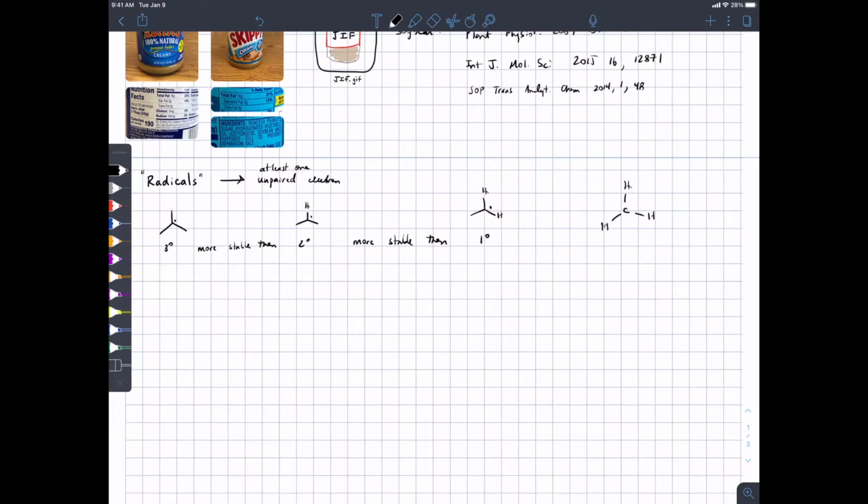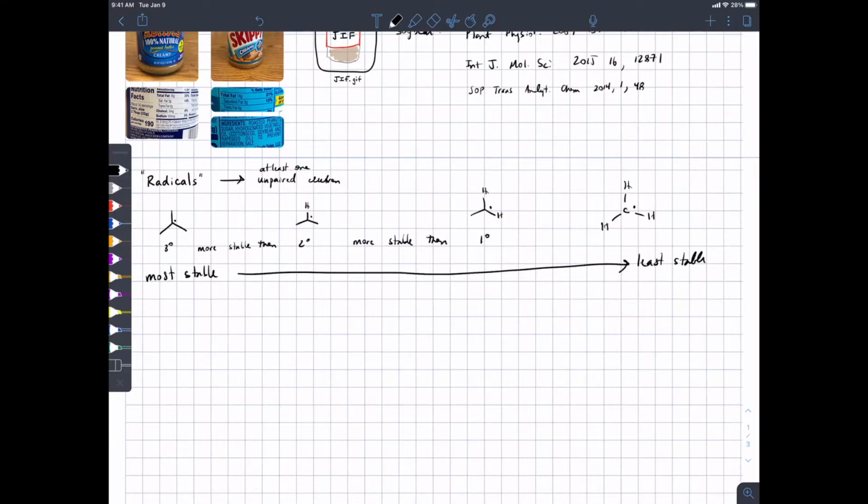So presumably you can think of carbon radicals as electron deficient species, and they are stabilized by the same things that carbocations are stabilized, presumably because of hyperconjugation.